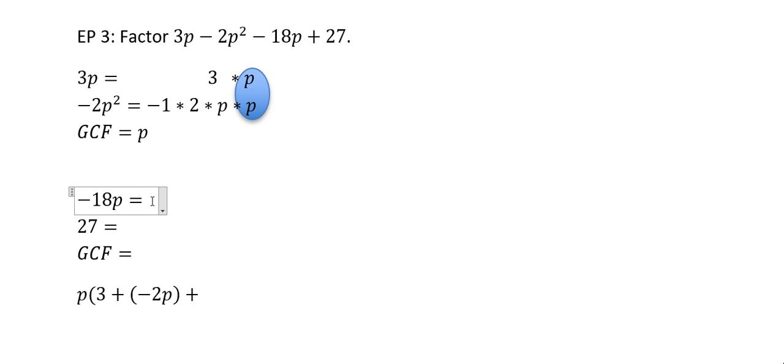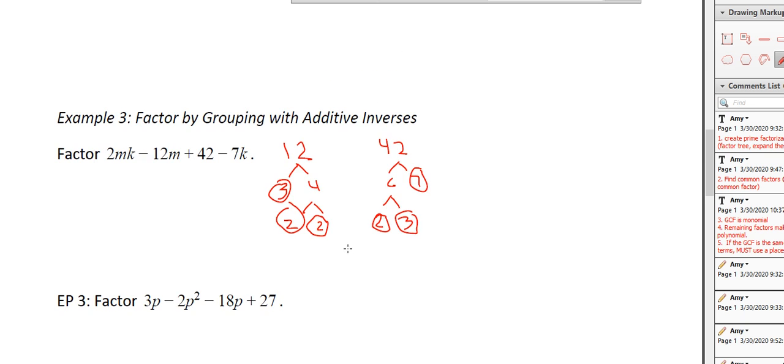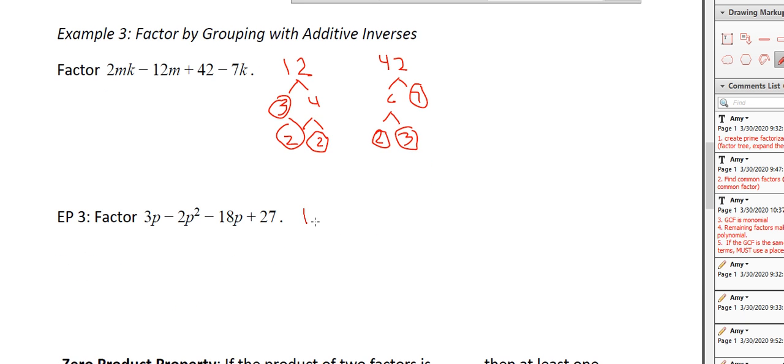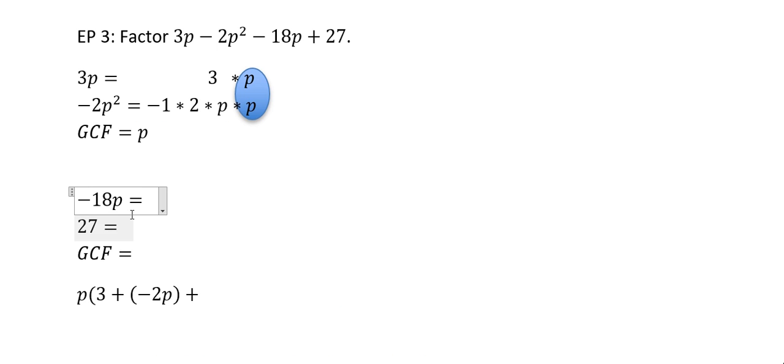Negative 18p, so I think we may have already factor treed 18, but maybe not. 18 is 2 times 9, and 9 is 3 times 3. So we get a 2, we get a 3, and we get a 3. Okay, 2, 3, and 3, and it's negative, so we have negative 1 times 2 times 3 times 3 from our factor tree. And it has a p.